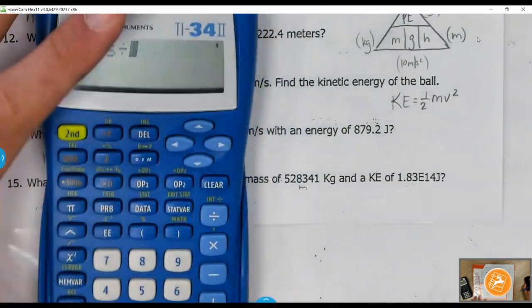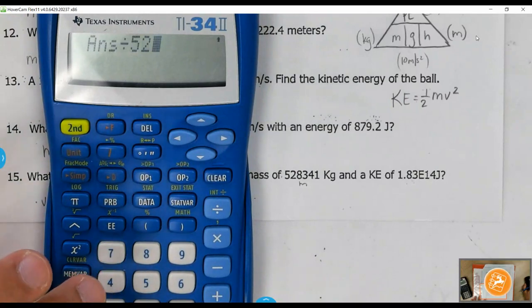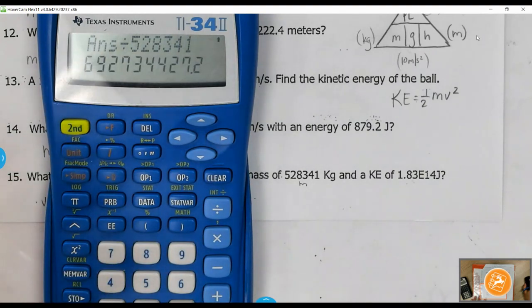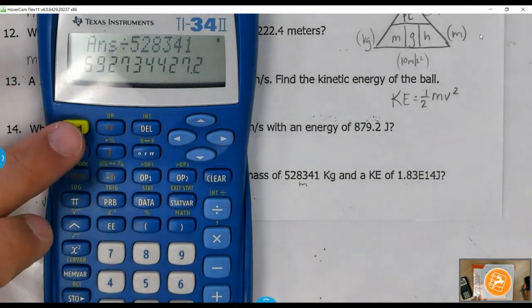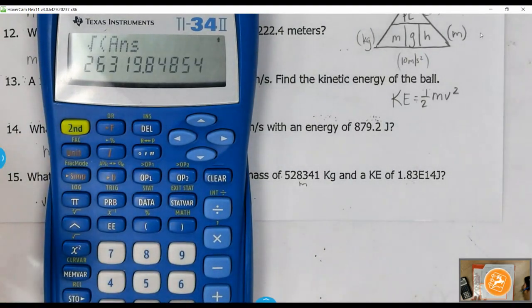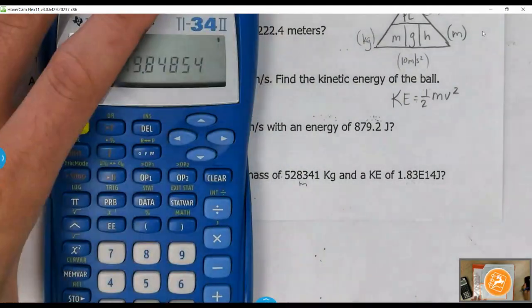And then you got to divide that by the mass of 52.8341. And then we have to square root that whole answer. So second, square root, second answer. And we should be left with a value here of 26,319.85. And that would be our velocity, meters per second.